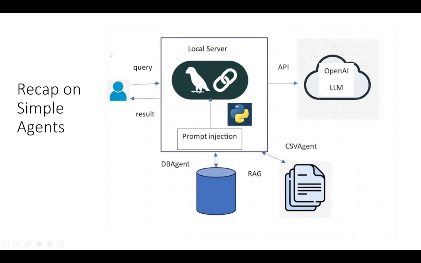So basically, we have a user, right, which makes a query. Then here, you can use different frameworks. I have chosen LangChain here. Obviously, most of these are Python-based frameworks. And then locally, they either have a database, for which they'll use a DB agent, or they have a bunch of files or CSV comma separated value files, and then they'll use a CSV agent for that.